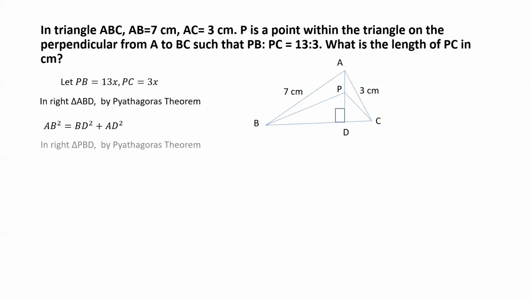Similarly, we have this smaller triangle, the triangle PBD on this half of the triangle, right? And that's also a right angle triangle because PDB is 90 degrees because AD is the perpendicular from A to BC. So PD will be perpendicular as well because P is just a point on AD.